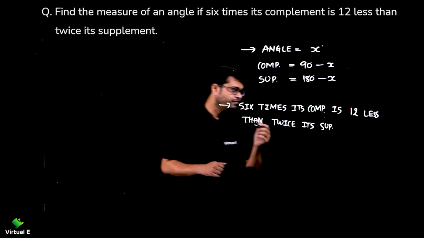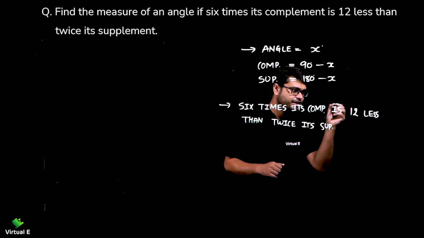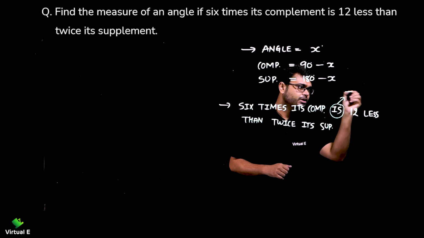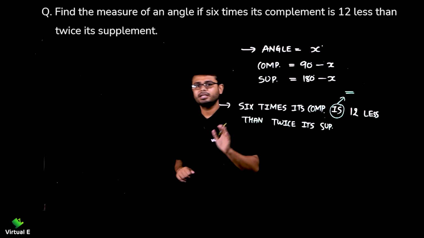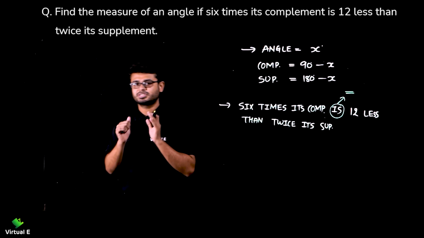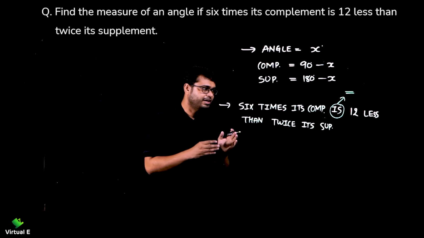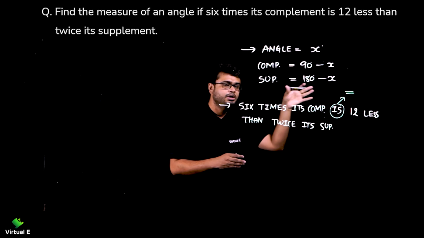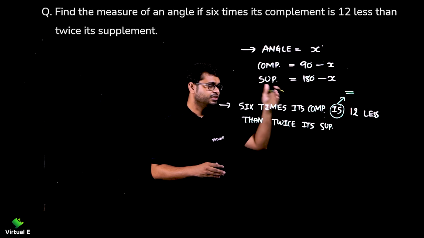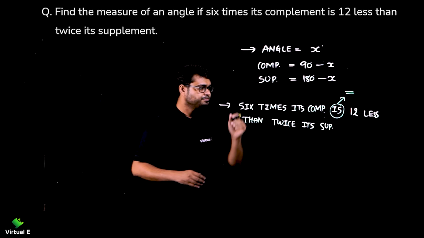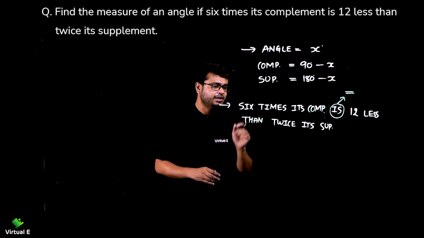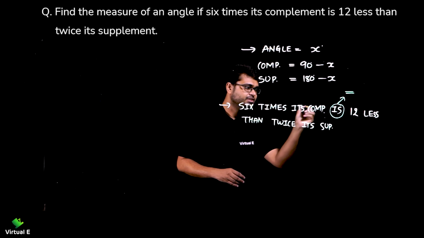Okay. So first of all, remember one thing. An equation has the equal to sign. Expression equal to expression. So LHS is equal to RHS. Let's start with the LHS. 6 times its complement.